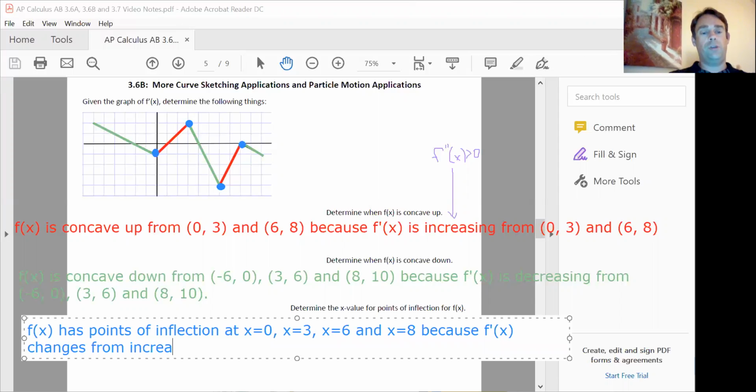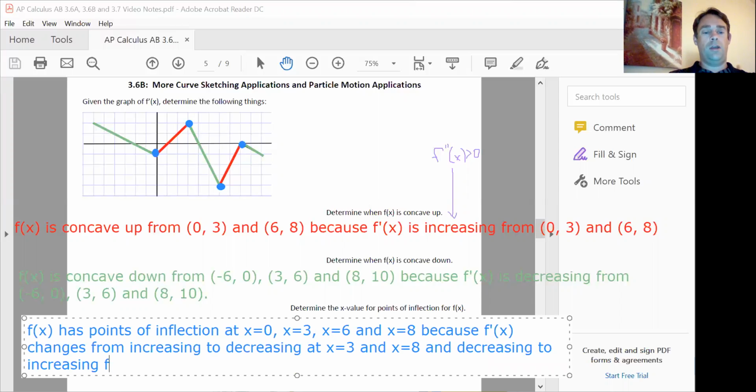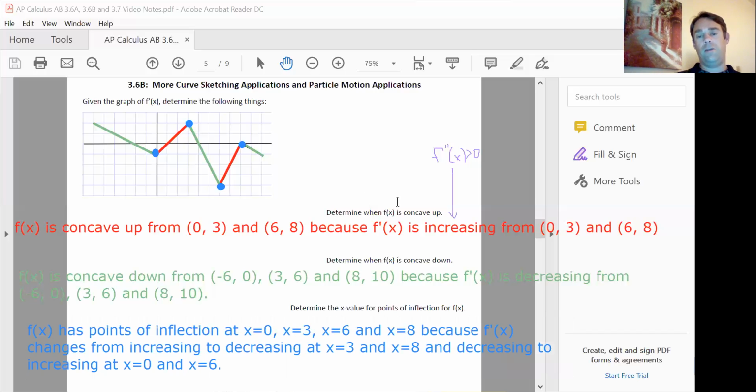It changes from increasing to decreasing at x equals 3 and x equals 8, and decreasing to increasing at x equals 0 and x equals 6. All righty. So now we have, one more time, interpreted information just based off of our first derivative graph.